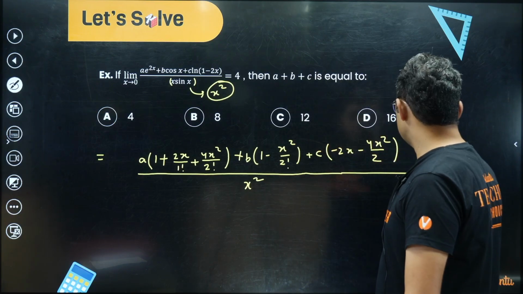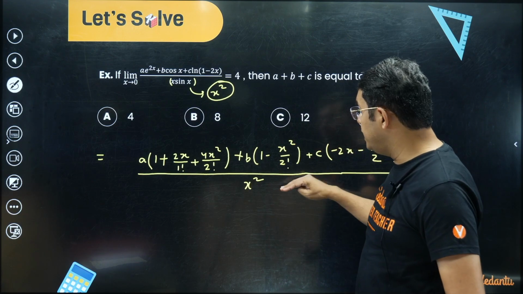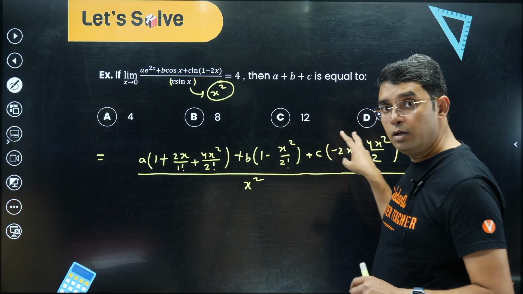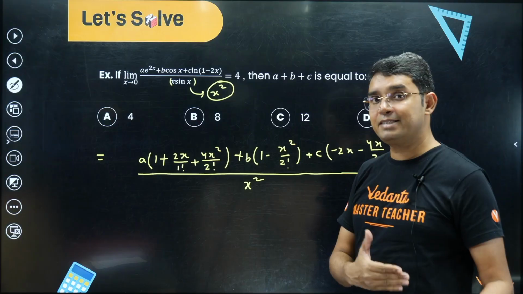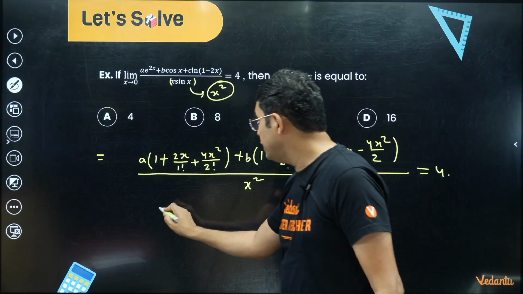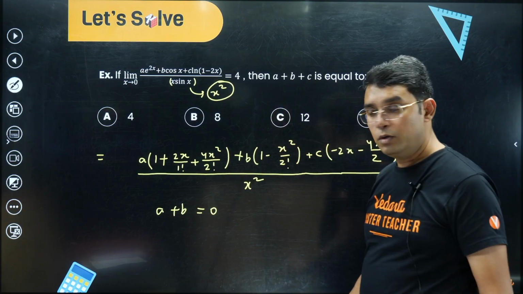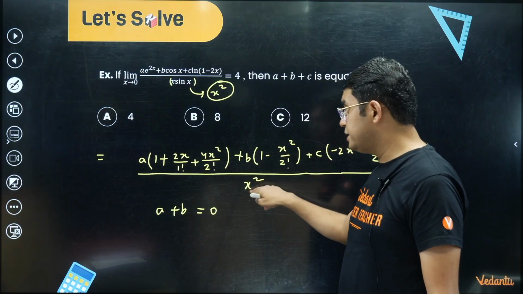Now, if it is 4 and in the denominator we have x square, that means the degree in the numerator should also be x square and its leading term should be equal to 4. So all the terms which have degree less than 2, that means the constant term, which is a plus b, should be 0. And then the coefficient of x should also be 0 because it is x square here.